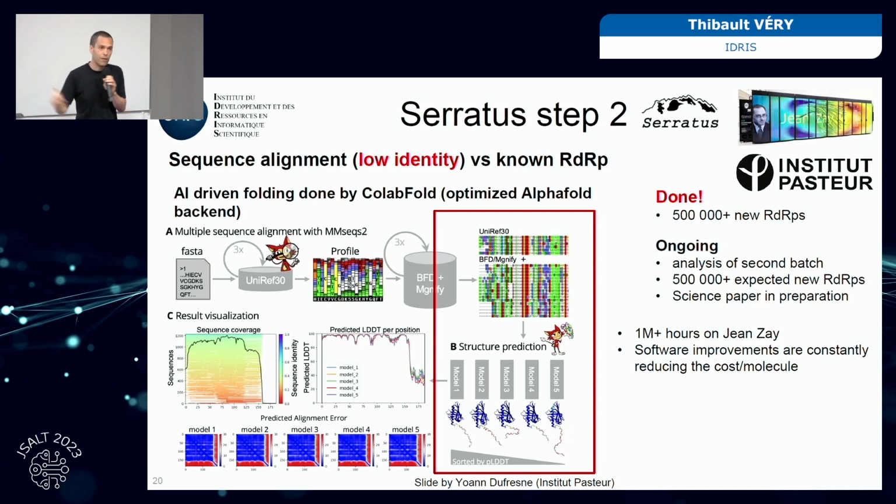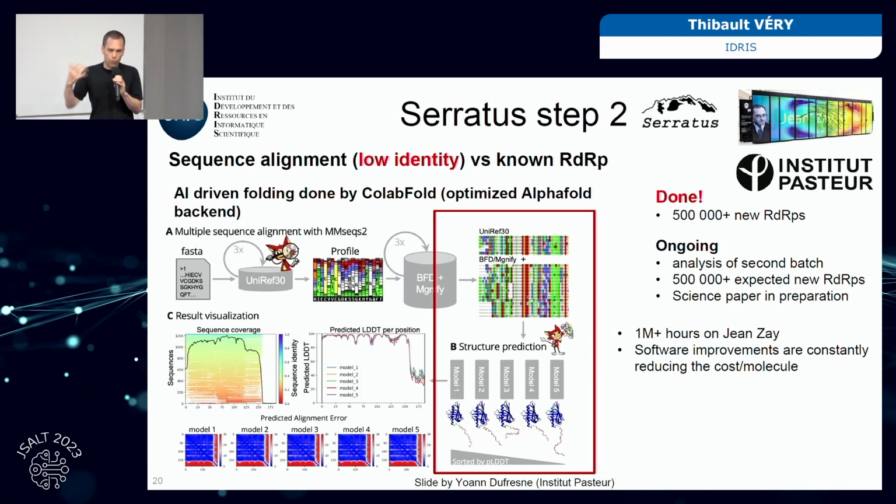And with that, they found 500,000 new proteins that were close. 500,000 doesn't mean that they found this number of new viruses, because they have to perform some more analysis to tell, okay, this is RdRP for a new virus.